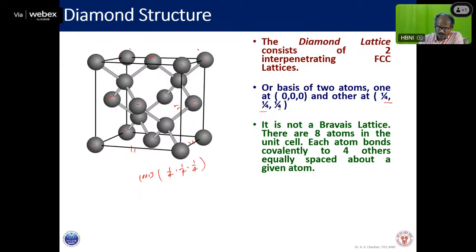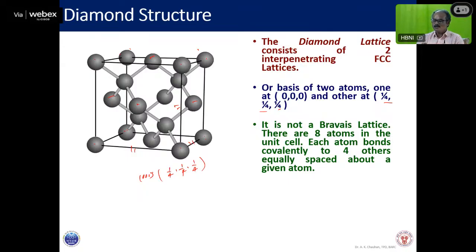So 1 by 4 or A by 4, A by 4, and A by 4. So you have one atom at 0, 0, 0, another atom at 1 by 4, 1 by 4, 1 by 4.